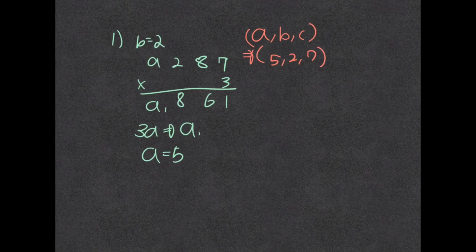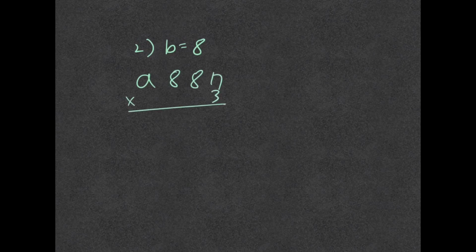And then the second one is that B is 8. So let's make the equation 3A plus 2. So that would mean that 3A plus 2 is equal to A1.